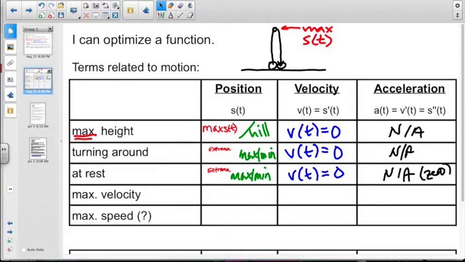Now we have to extend this to something more than just football. So we're speeding up this one, down, this one, down. It's not just free fall now.